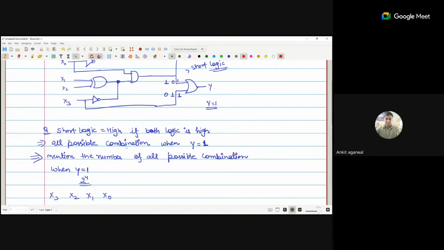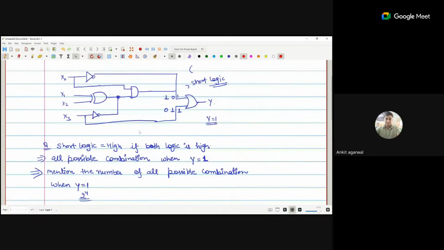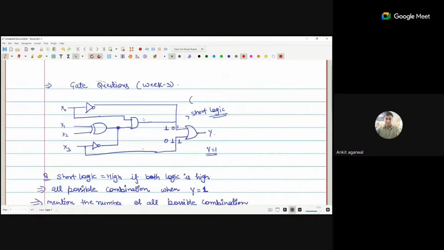How many states are possible? How many combinations are possible? Still doing it. Okay.